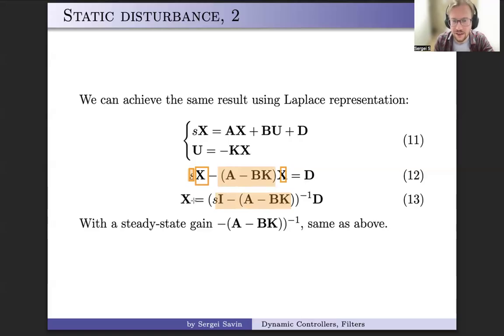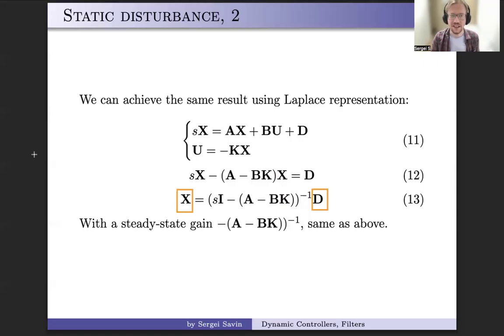So we get X equals to S times identity minus A minus BK, everything inverted, times D. That is a transfer function. It's a transfer function between the disturbance and the state of the system, right?